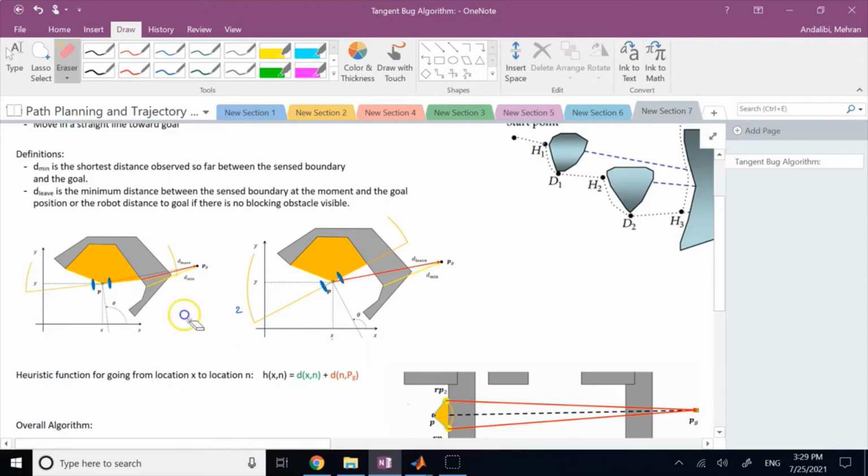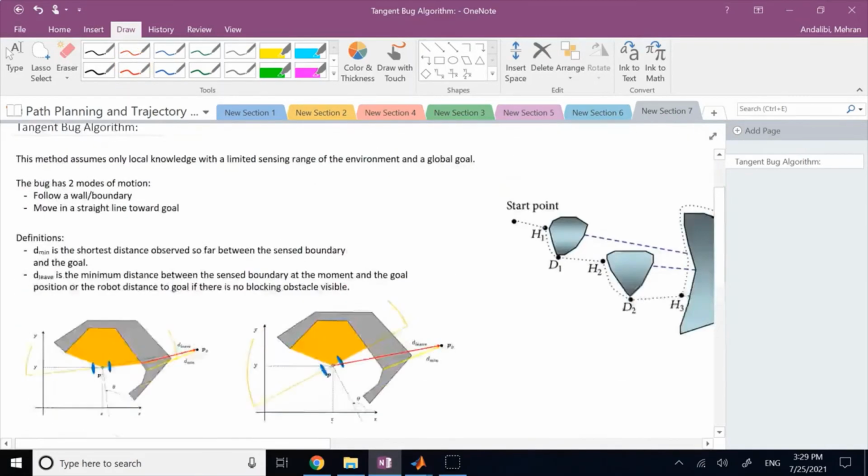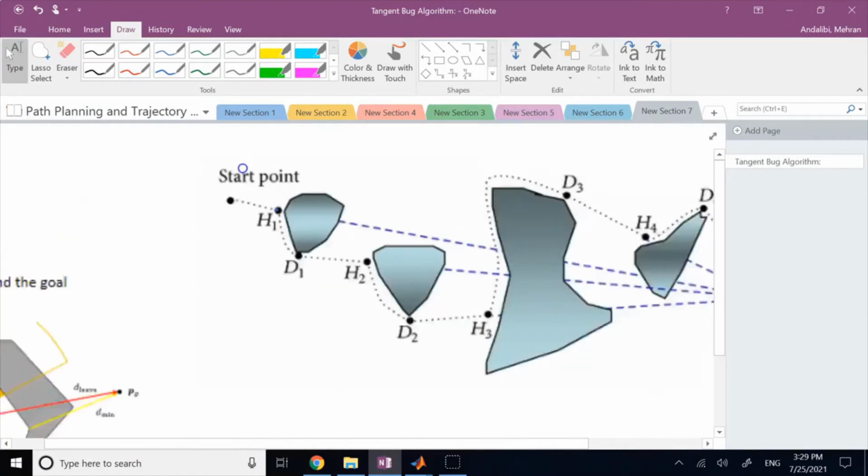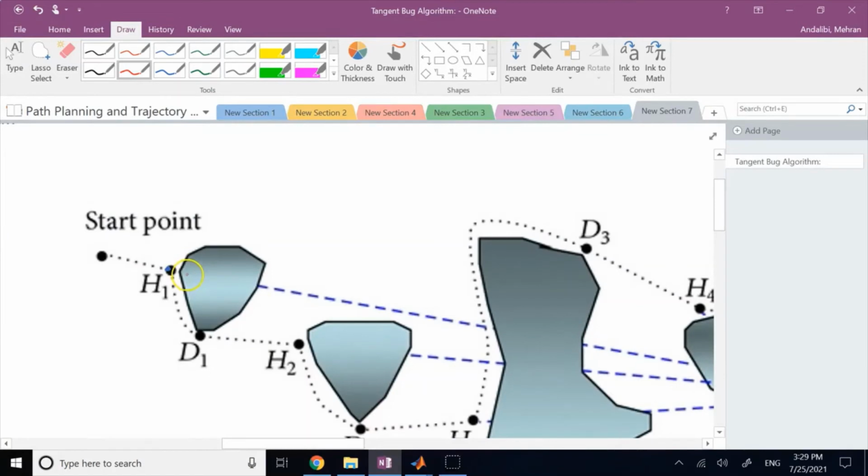Now with all that in mind, let's talk about the overall algorithm. What do we do? So here, as I said, I'm starting from the start point to the goal point. I first go straight to the goal until I reach an obstacle. Now my LiDAR can scan something with the angle that it has and with the range it has.